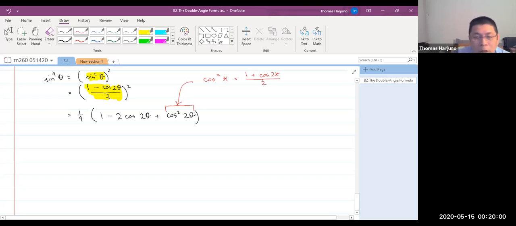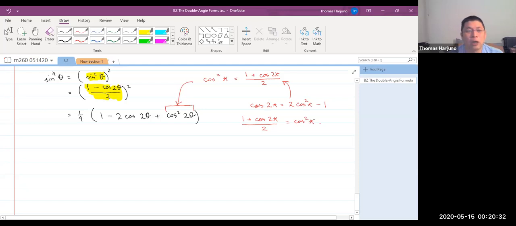Where do you get that, Thomas? I get that from the double angle formula for cosine. So cosine 2 blah equals 2 cosine squared blah minus 1. I add 1 to both sides and then divide by 2. That's how we get that formula.